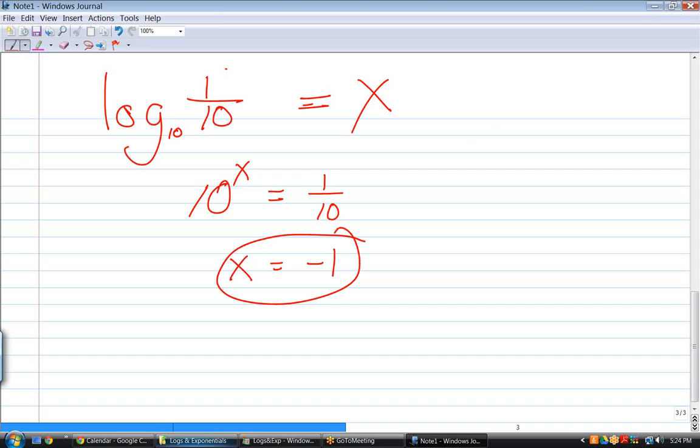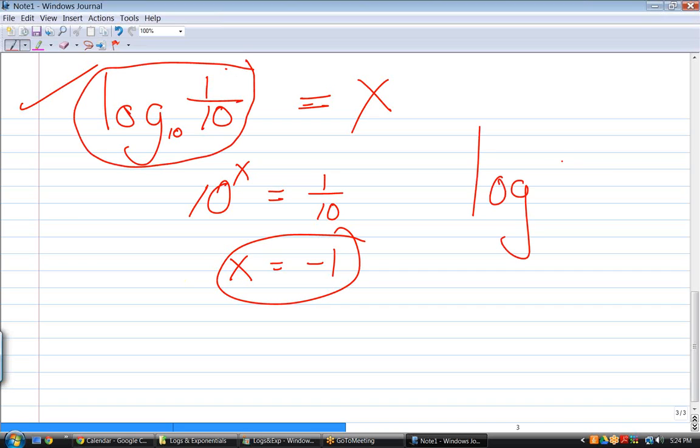In other words, we solved a log expression. That I can replace with -1 if I wanted to. In other words, if you told me what is this worth, what is the value of that, I know that it's -1. Okay, let's do another one.